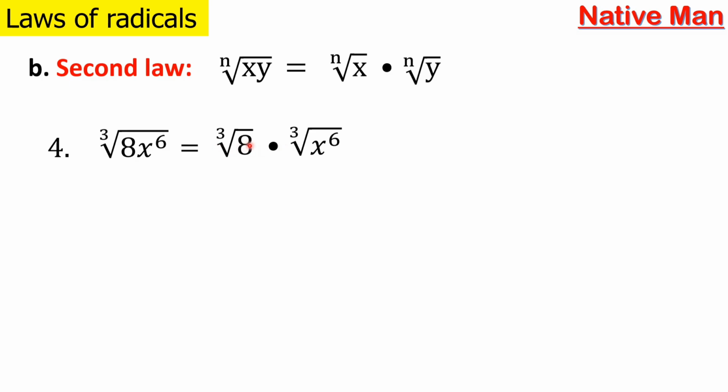So the cube root of 8 is 2. And for the cube root of x to the 6th power, all we need to do is to divide the exponents, which are the 3 and the 6. So 6 divided by 3 is equal to 2. The simplified form is 2x squared.